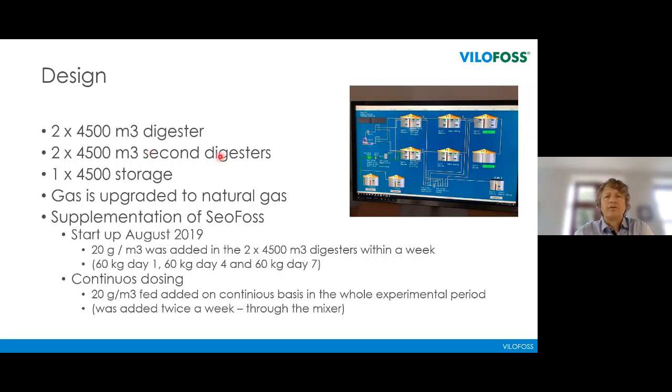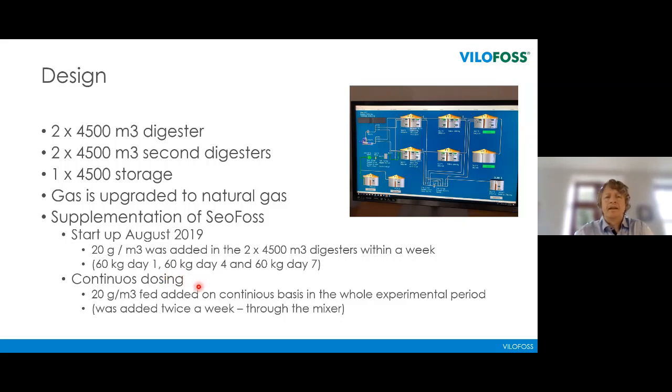That's a total of 180 kilogram, and that was supplemented through 3 days, 60 kilogram day 1, 60 kilogram day 4, and then again 60 kilogram day 7. After startup, we continued the dosing of Seofoss.